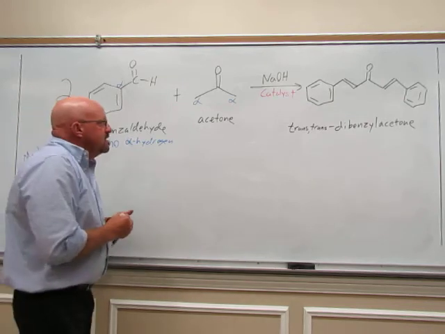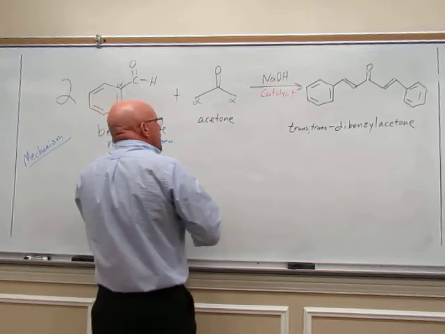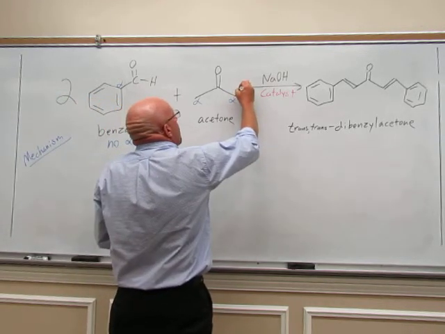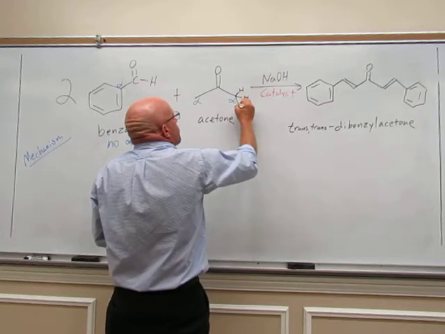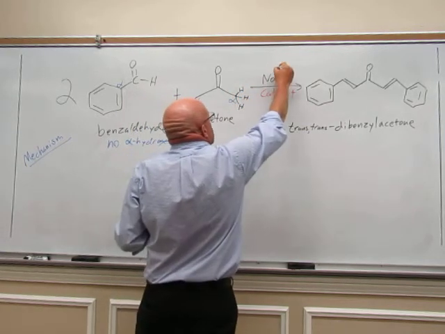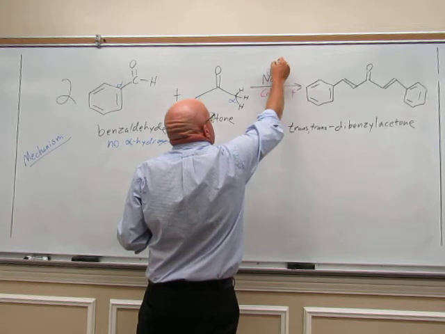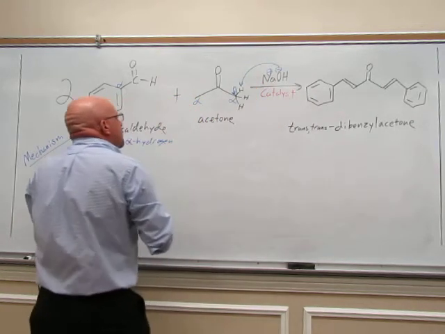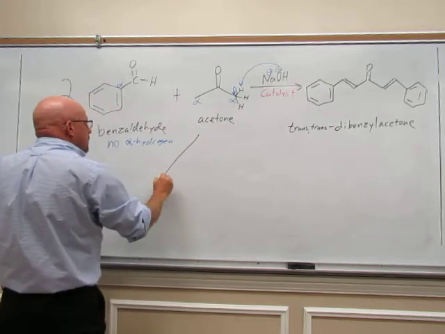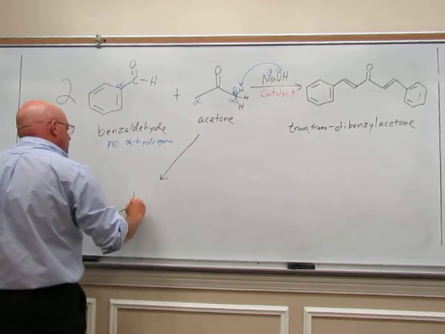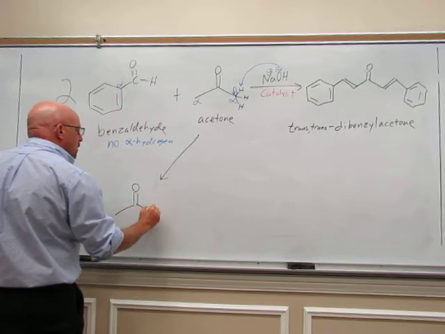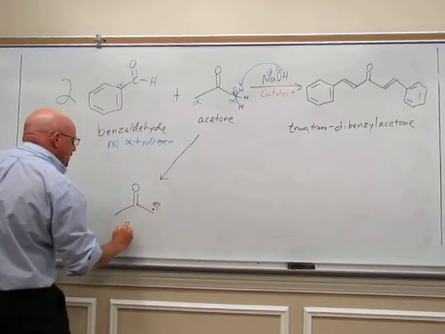So our base, the first step of the mechanism, is our base is going to grab an alpha hydrogen. That grabs the alpha hydrogen off of the acetone. And that gives us the enolate anion.